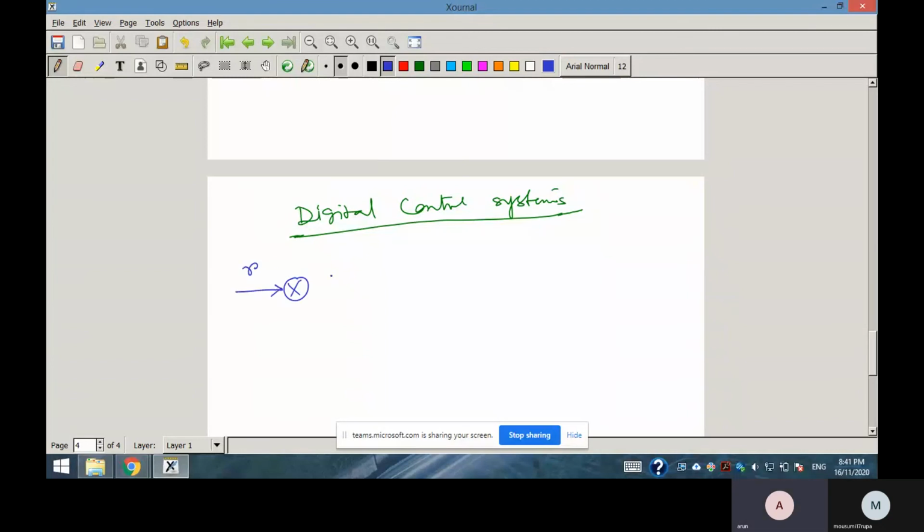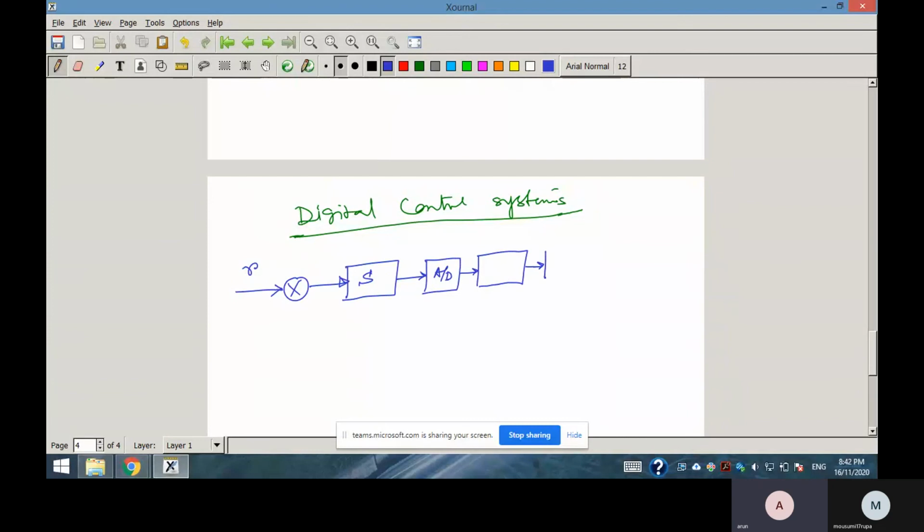This is a reference input. This is a sampler. This is an analog to digital converter. This is your digital processor.